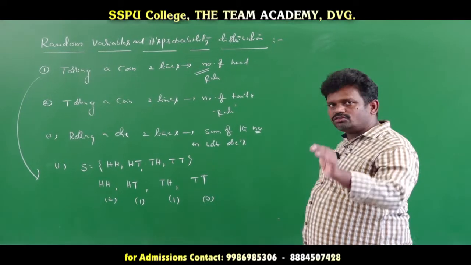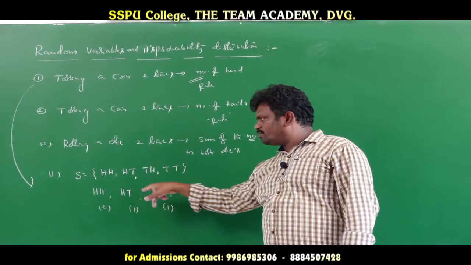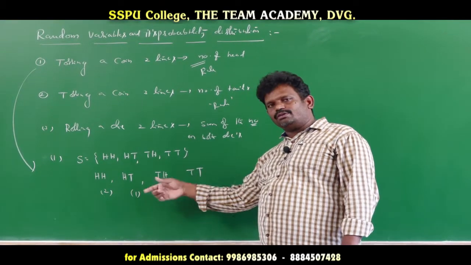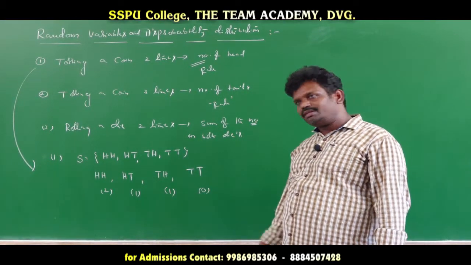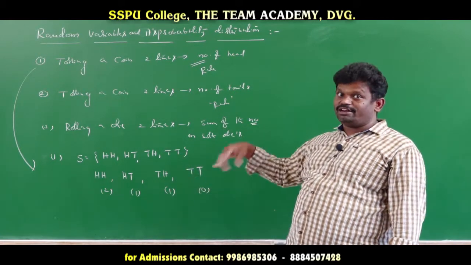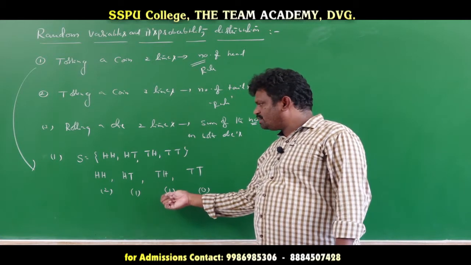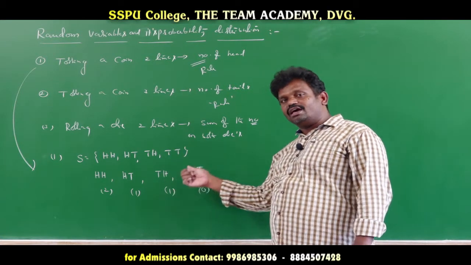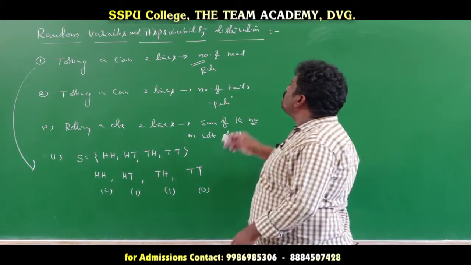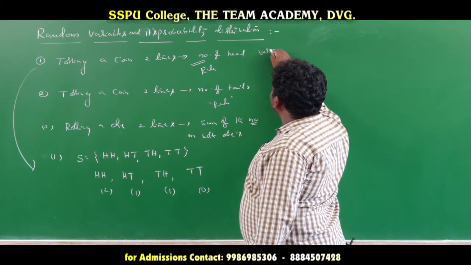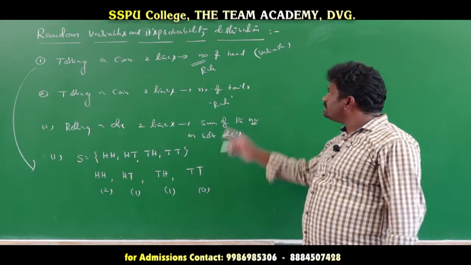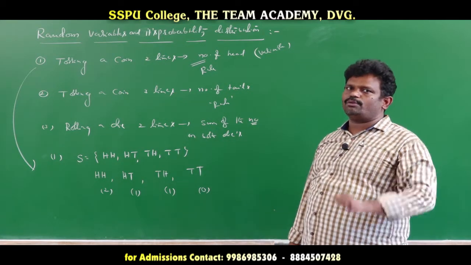Here it is also the same. For these outcomes, that is the sample space, each outcome is assigned a single real number, and that single real number may vary for different outcomes of the random experiment. That's why the rule we consider is said to be a variable.